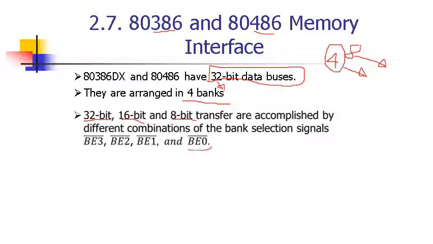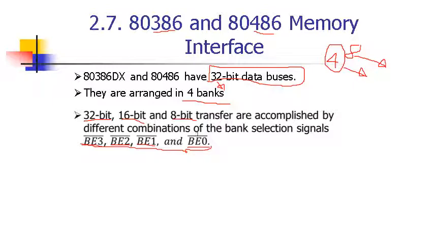Now we have 4 banks, so we have to have 4 different signals to activate each of these banks. We call bank 0, we activate it by BE0, bus enable 0, BE1 to activate the first bank, BE2 to activate the second, BE3 to activate the third.